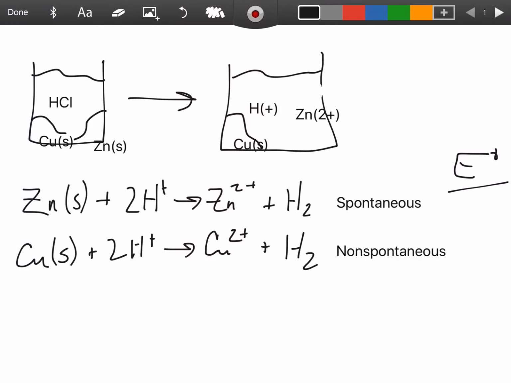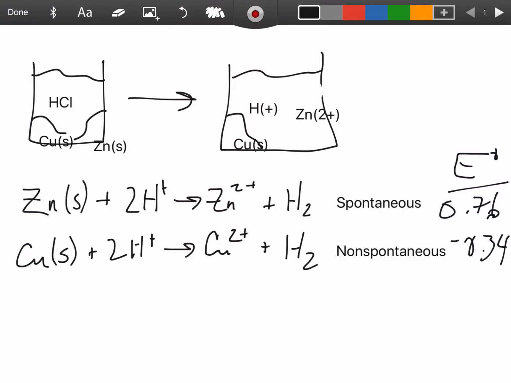It turns out that if you look up the potentials of these two different reactions, you see a potential for the zinc reaction at 0.76 volts. And if you look up the potential of the copper reaction, you get a value of negative 0.34 volts.